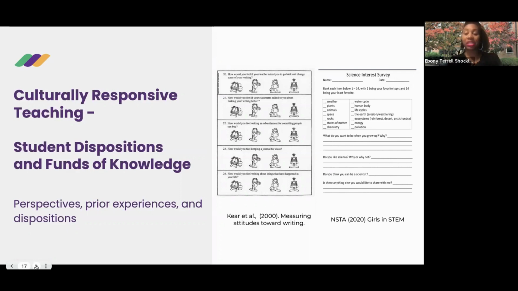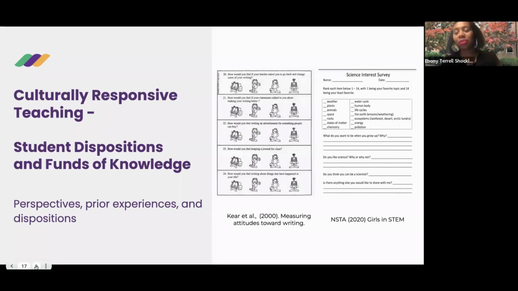There are more questions on this document, and there's also one specifically for reading that you can look at. It is called the Reading Attitudes Inventory. So please consider it as you're creating and enhancing your culturally responsive space for diverse learners and for all learners.